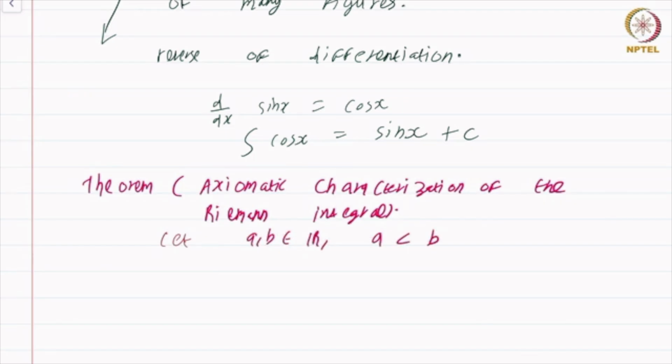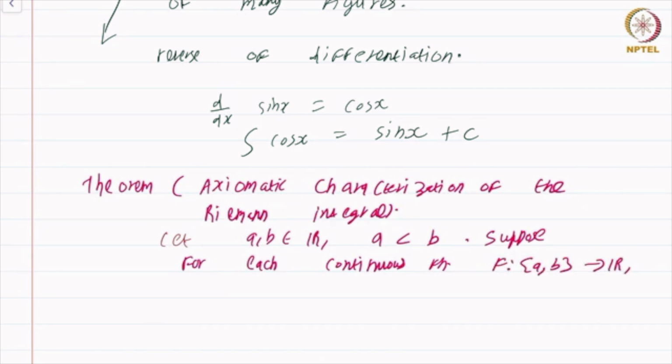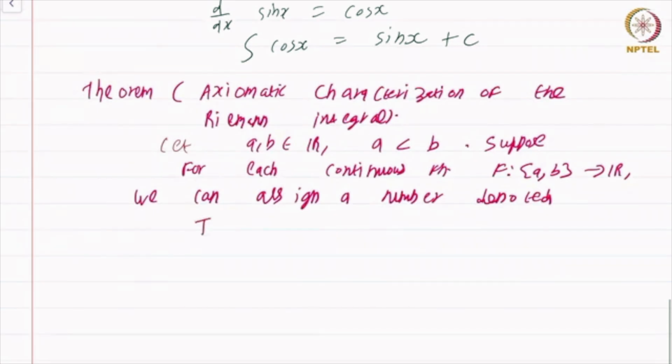Suppose for each continuous function f from [a,b] to R, we can assign a number denoted I_ab of f.